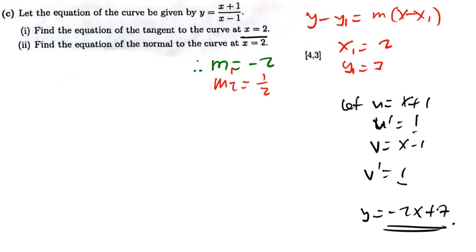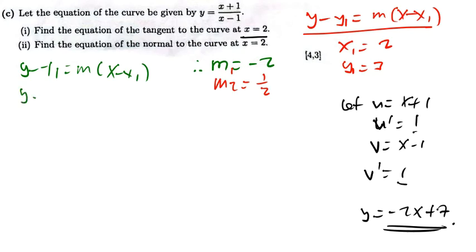Then the rest is the same. So you use the same formula, which is y minus y1 equals m times x minus x1. So y1 is 3, the gradient is half, x minus the x1 is 2.